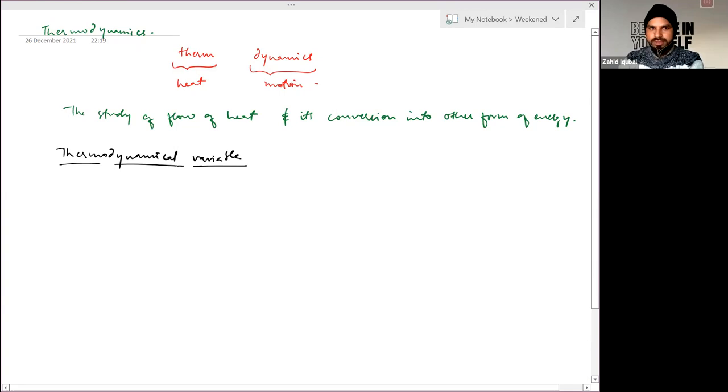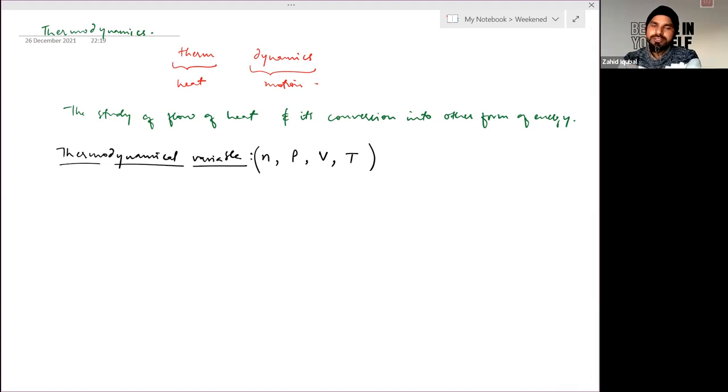There are some physical quantities, suppose number of moles, pressure, volume, temperature, which define the condition of a gas at any particular instant by a relationship between them. So these physical quantities together are called thermodynamical variables, or you will say the physical quantities on which the state or condition of gas may depend. Is it clear?